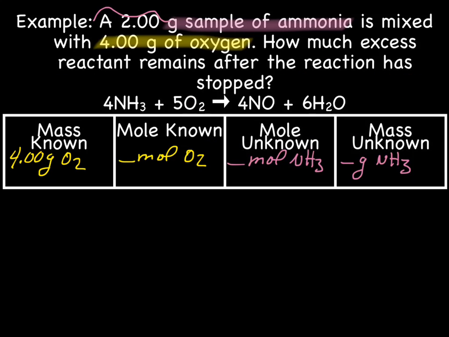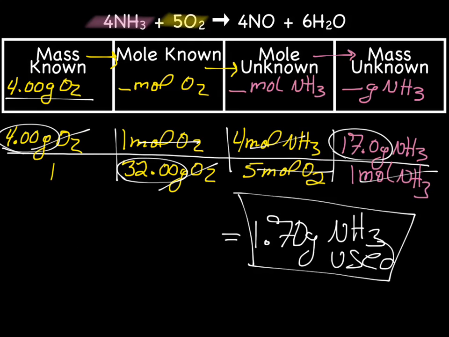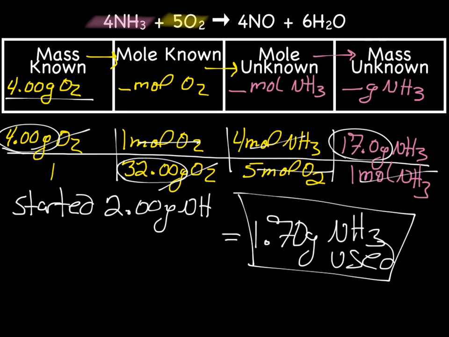So if we look back at the original problem, we started with 2 grams of NH3. We used a total of 1.7 grams of NH3. So how much is left over? Well, we'll take how much we started with, and we started with 2.00 grams of NH3.